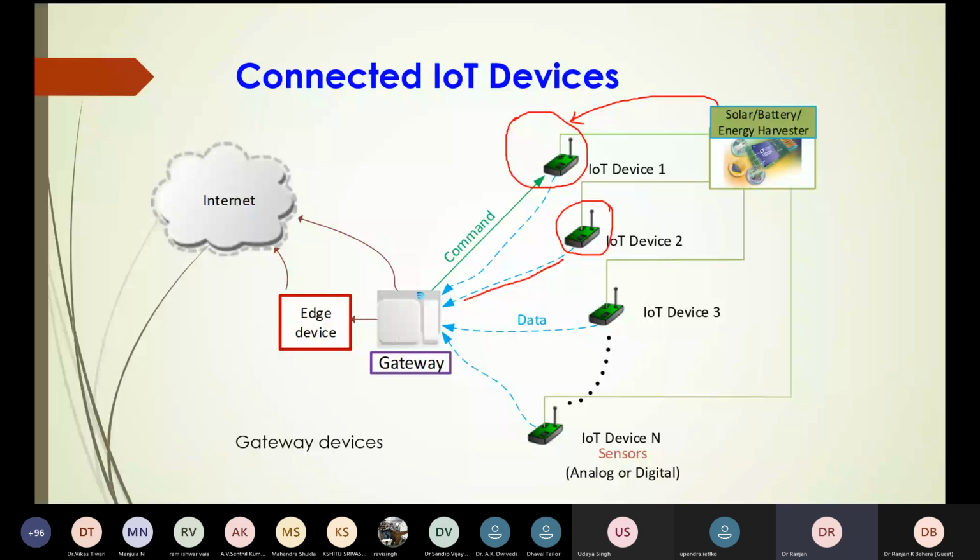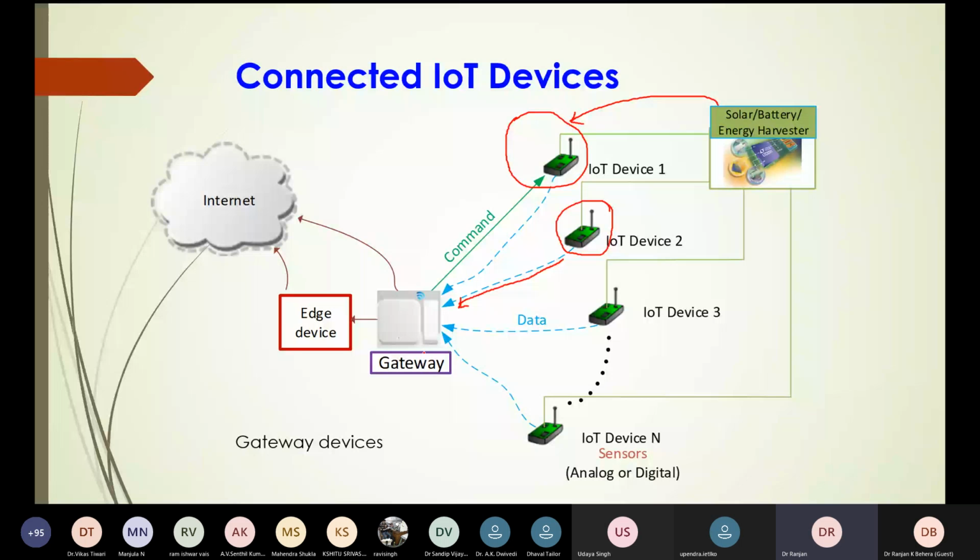Okay, data is coming. And where is it coming? It is coming to your gateway. For example, in your house, you have a gate also. And this gateway is nothing but a simple computing device. The gateway receives the data.